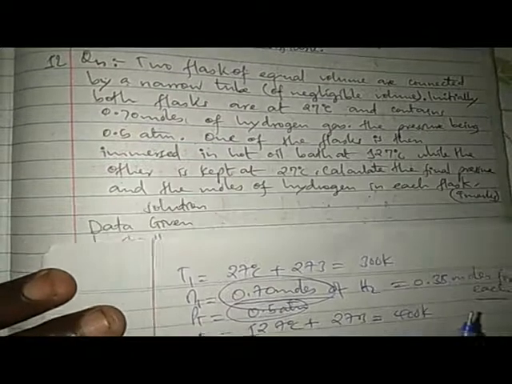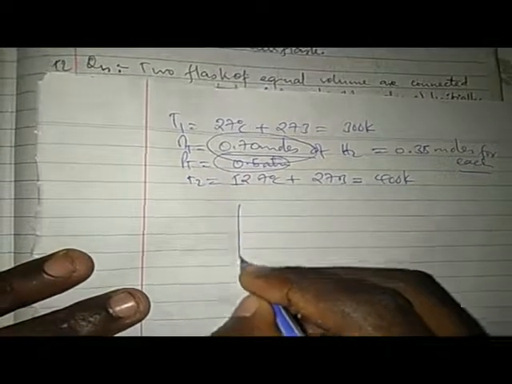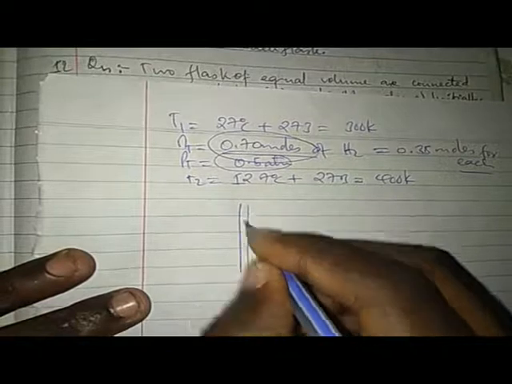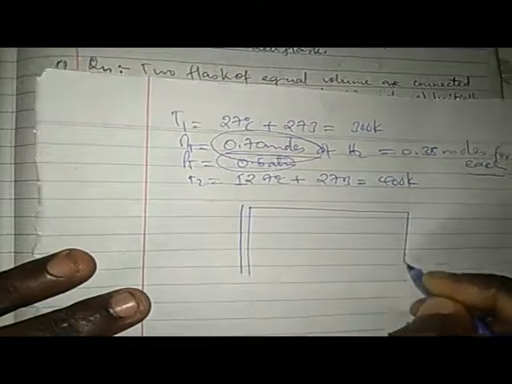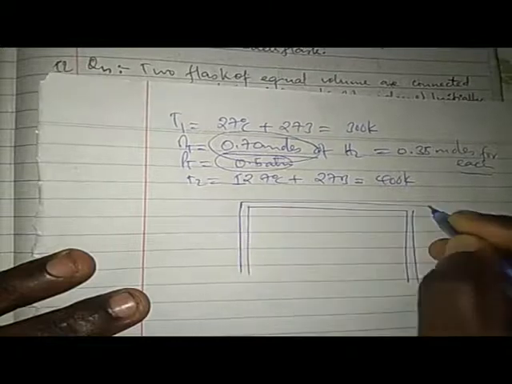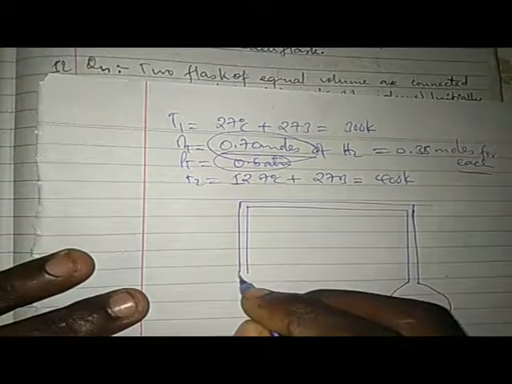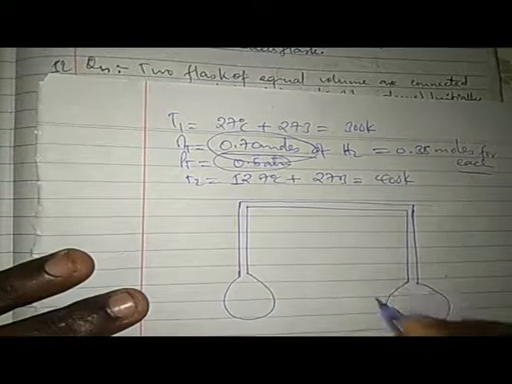Now let's start. As we know from the last example we solved, the illustration of the question appears like this. Here we have one flask, and here we have another flask.